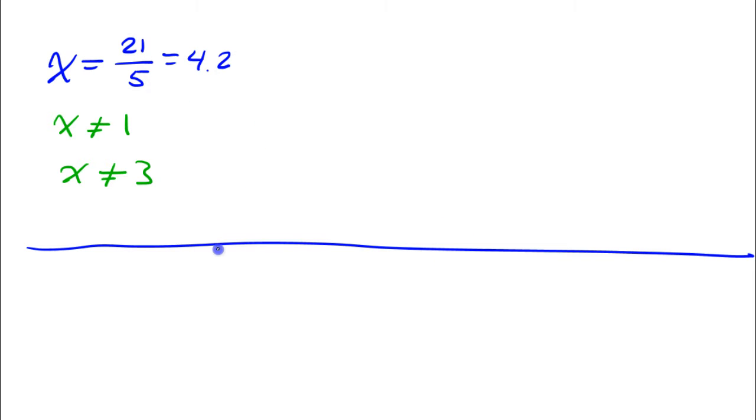That just helps me place it properly on the number line. So I have 1, 3, and then I have 21/5, which is the same as 4.2.